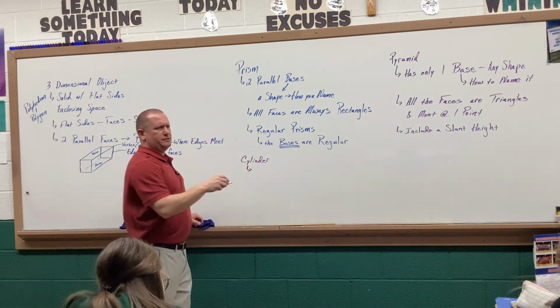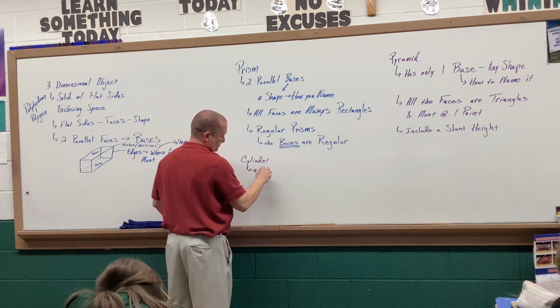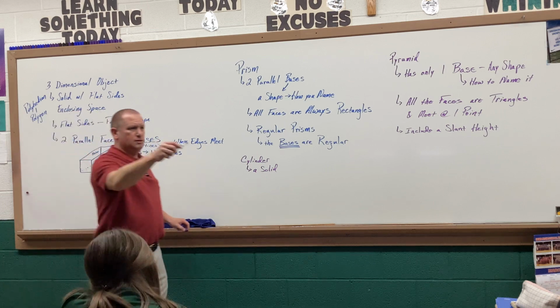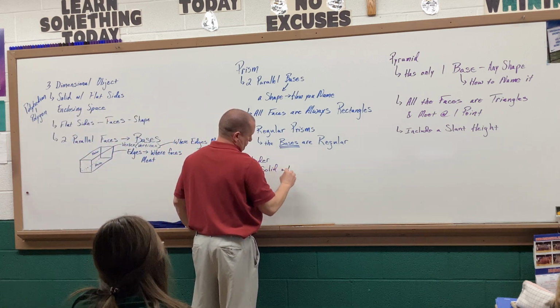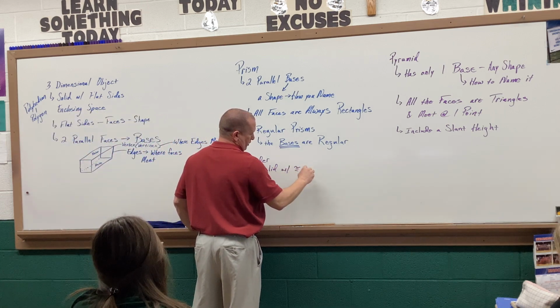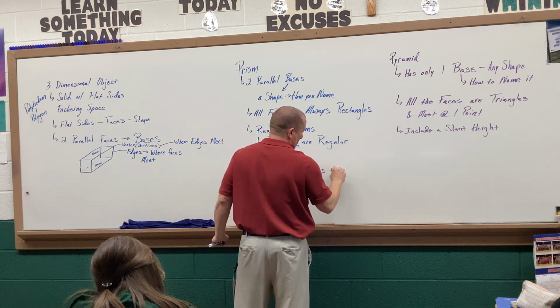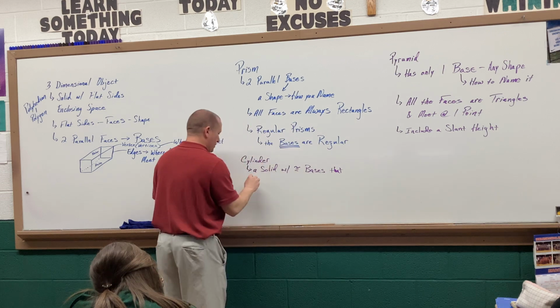In a cylinder, we would say a solid. It's like a top. So it's got to be a solid still, right? With congruent bases that are always what? Circles. Perfect.